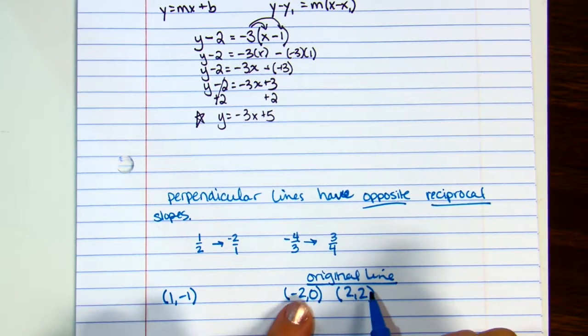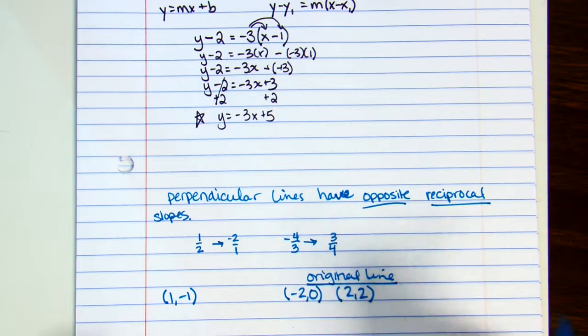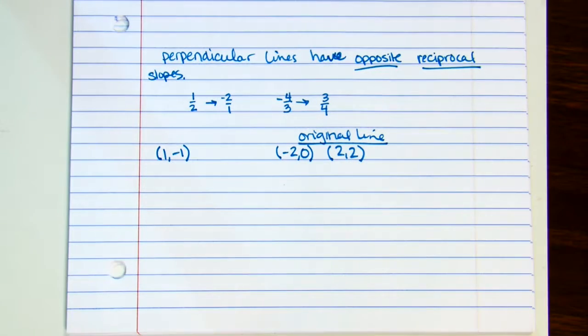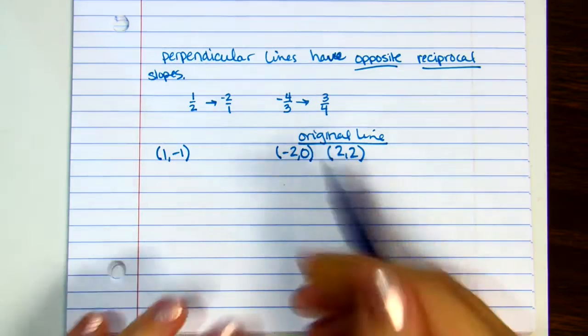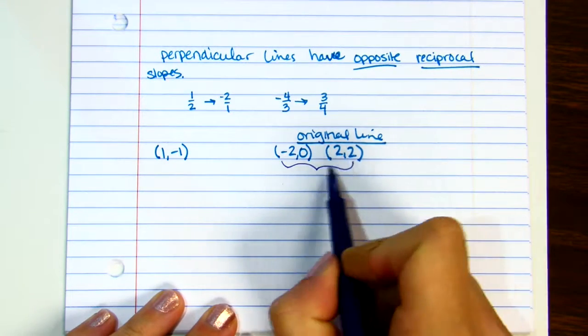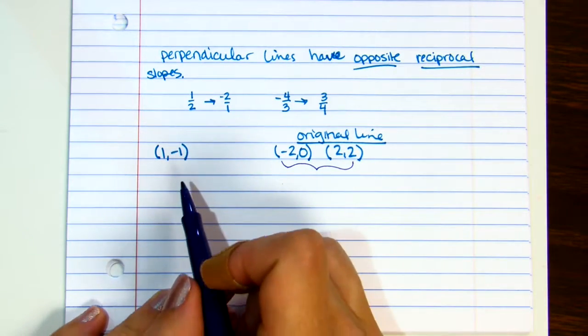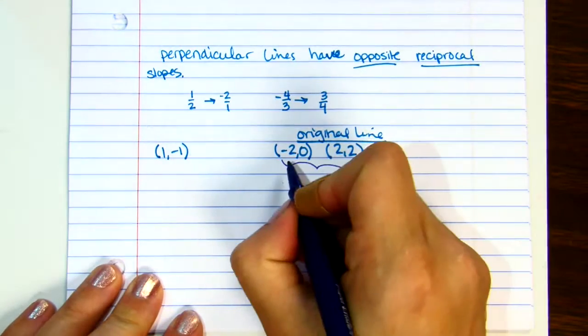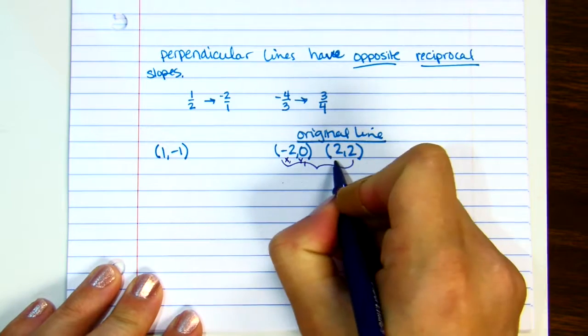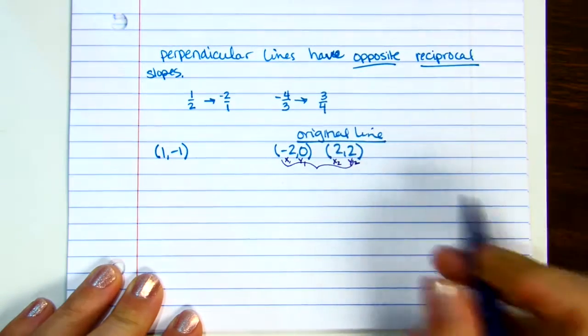I want to draw a line that's perpendicular to this one. So the very first thing I have to do is figure out what the slope of this line is. Once I find the slope of this line, I can do the opposite reciprocal to find the slope of my new line. So let's make this x1, y1, x2, y2.